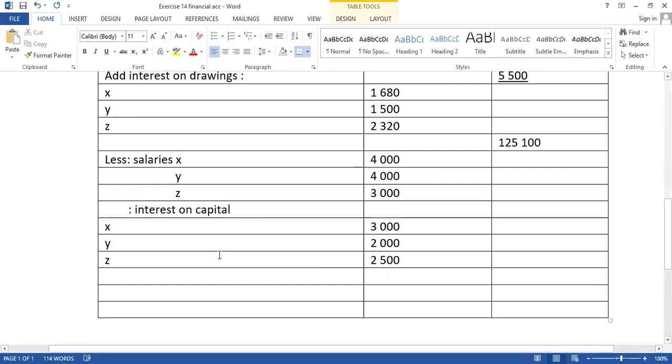Yes. Okay. So 125,100 minus all the salaries and minus all the interest on capital, how much will we get?